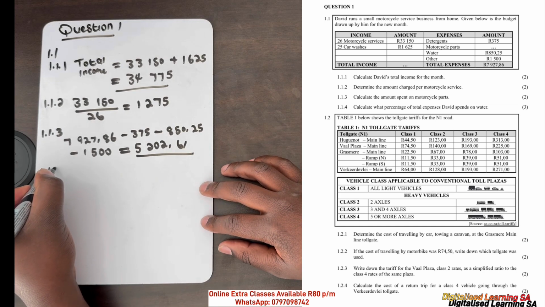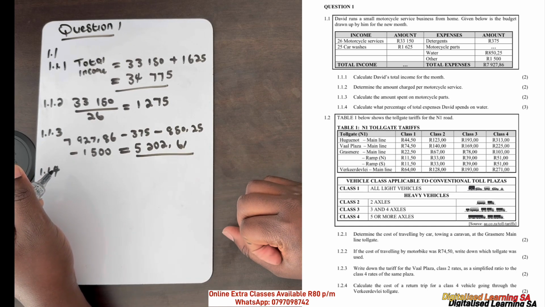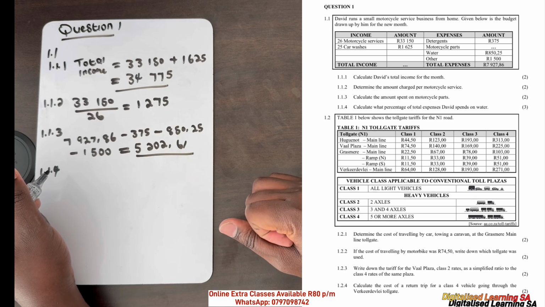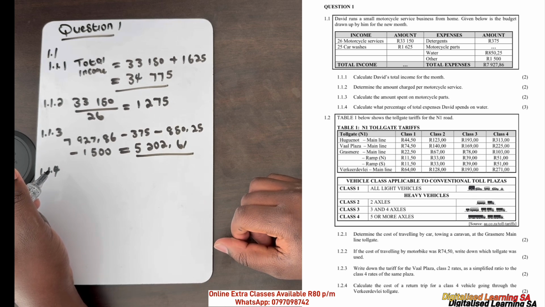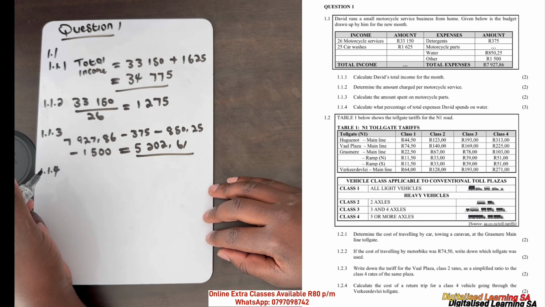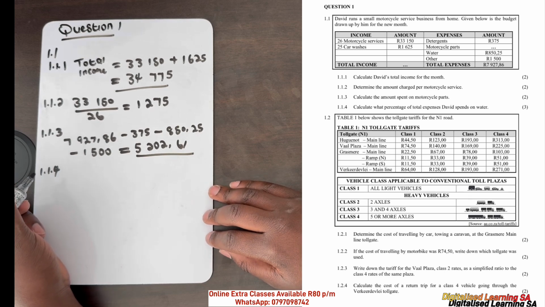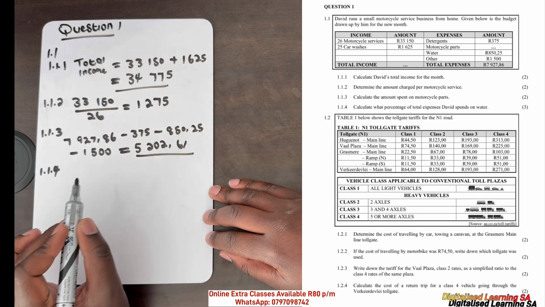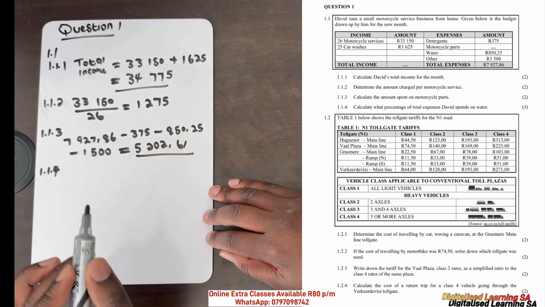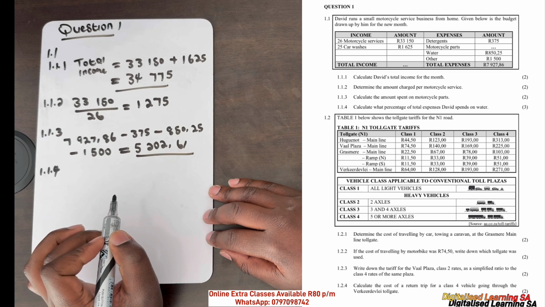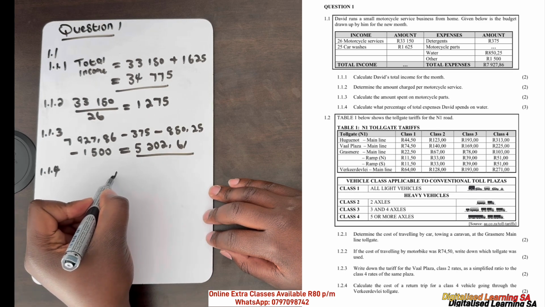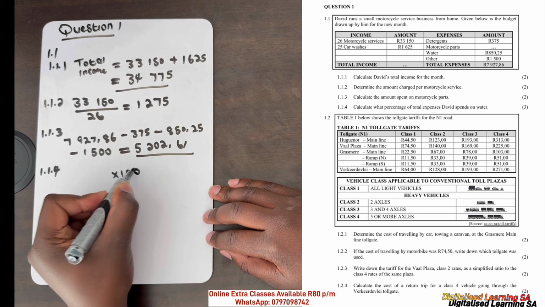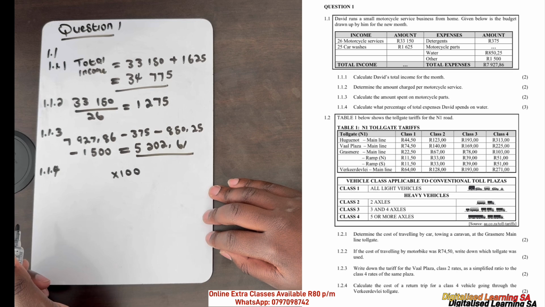Okay, so now let's move to question 1.1.4. So question 1.1.4 says that calculate what percentage of total expenses David spends on water. So here we are told that we need to calculate what percentage. And always remember that if we are calculating a percentage, we always need to multiply by 100, so that the answer that we get is in the percentage form.